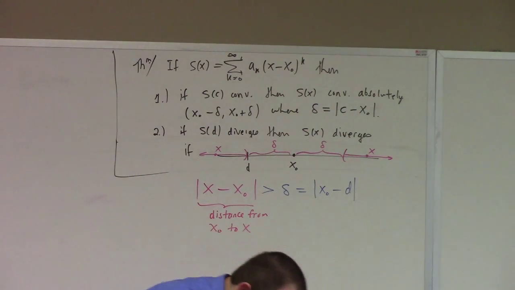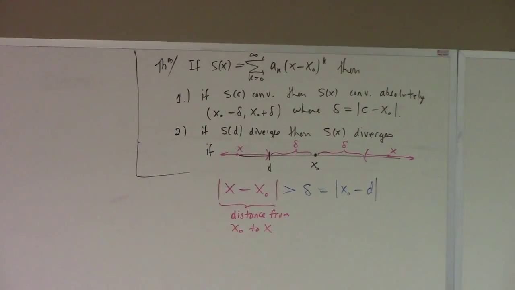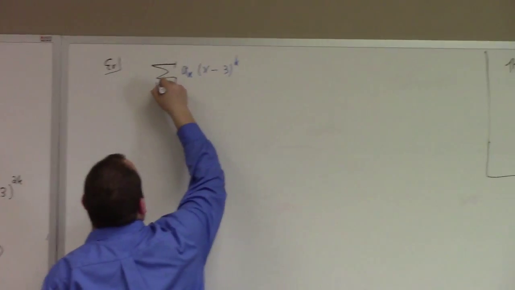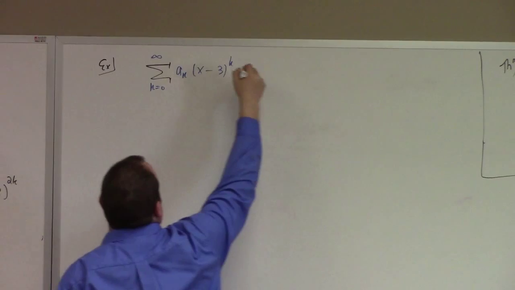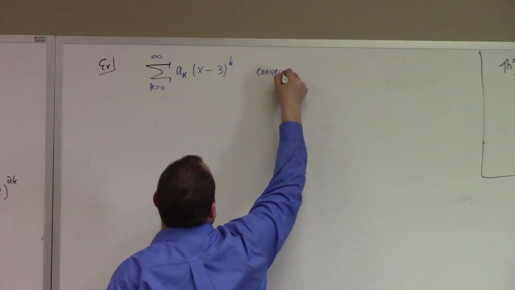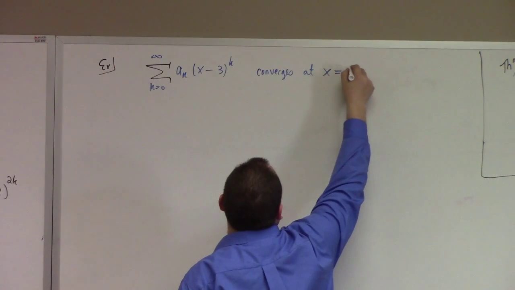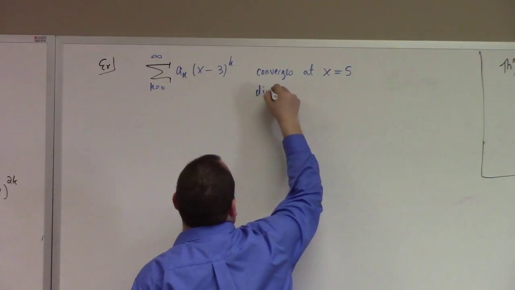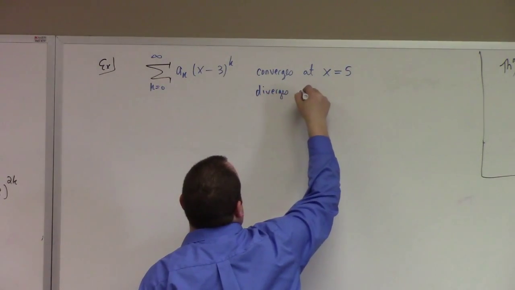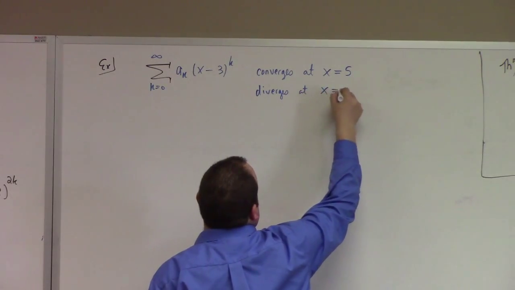Let's think about an example here. Suppose the sum of a sub k times (x minus 3) to the k, k equals 0 to infinity, converges at x equals 5, and diverges at x equals 6.